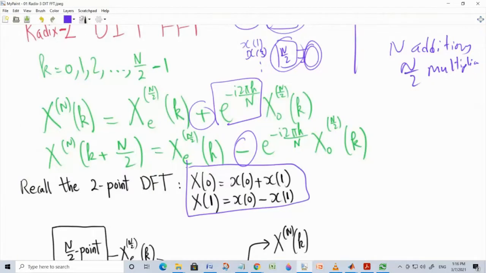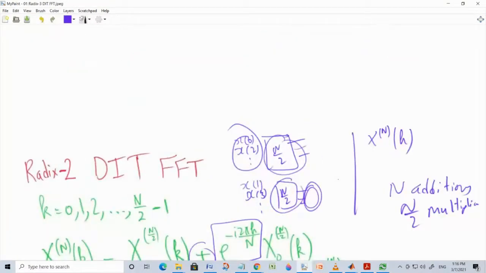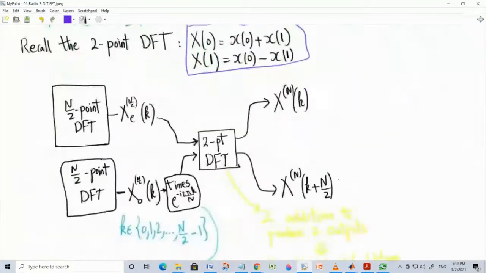Okay, and the combining step that we do here can be thought of in this way. We have the N/2-point DFT and the N/2-point DFT. This is the even, this is the odd. This is the DFT of x[0], x[2], x[4], and so on.